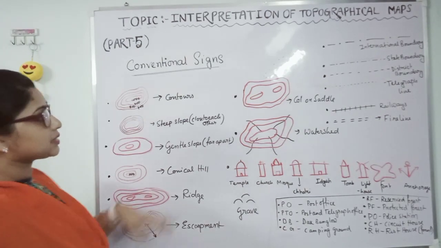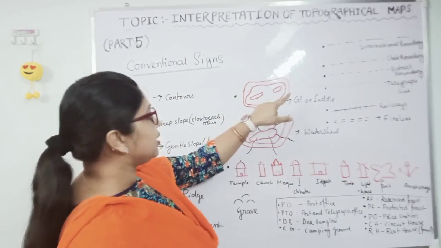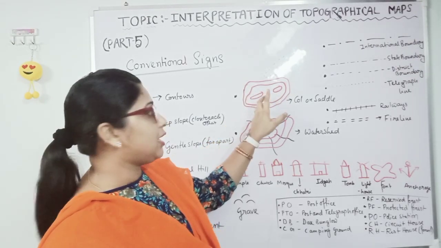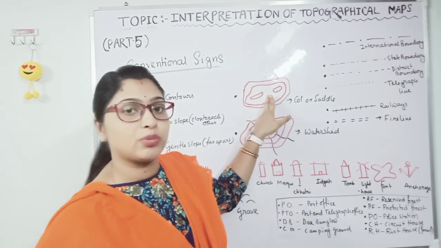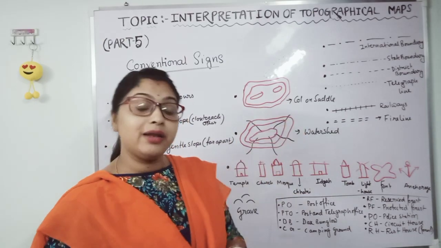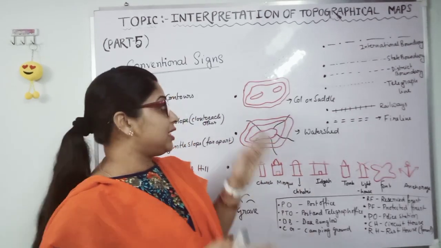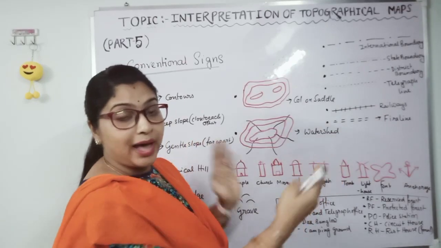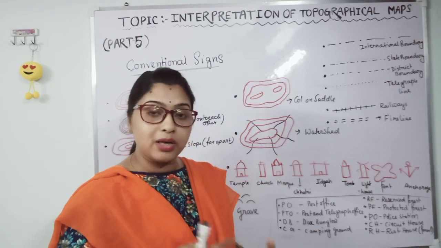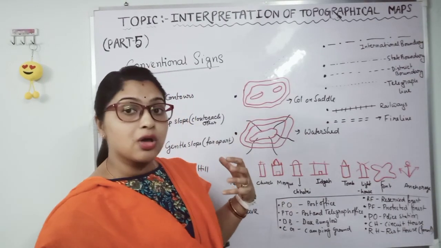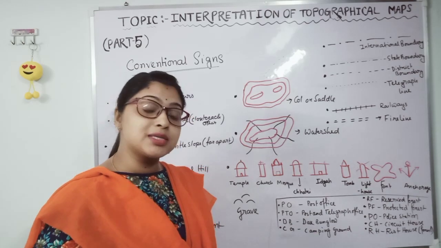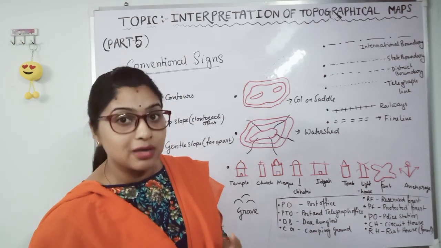Okay, next see that within a contour, the gap between two ridges: if the gap is very small, that is known as a col. If the gap is a little more, that is known as a saddle. And as you have read, if the gap is more and transportation is possible there, people can move from one range of the hill to the other, that forms a pass like Nathula Pass, Shipki La, and the Karakoram Pass.